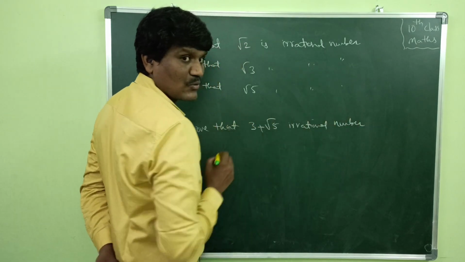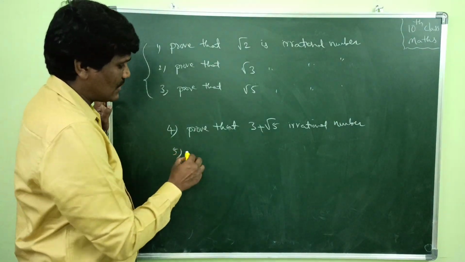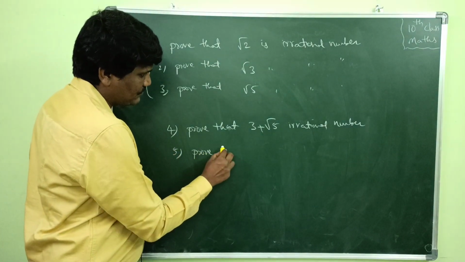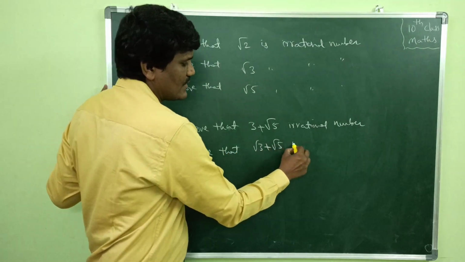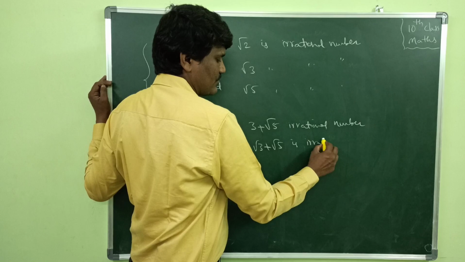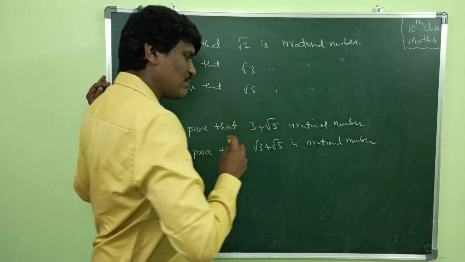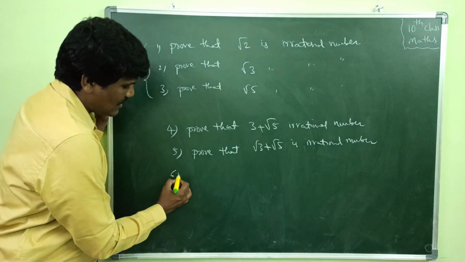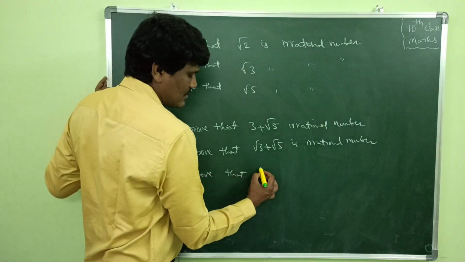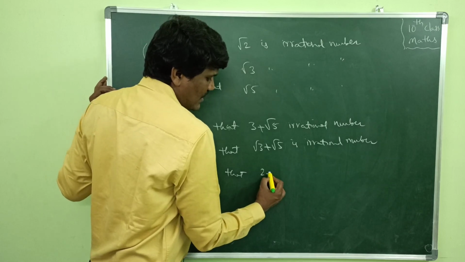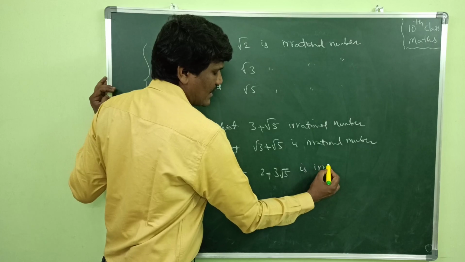Prove that 3 plus root 5 is an irrational number, or else they will give it like this also: prove that root 3 plus root 5 is an irrational number, or else like this: prove that 2 plus 3 root 5 is an irrational number.